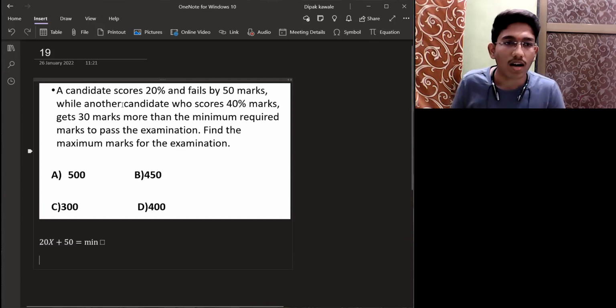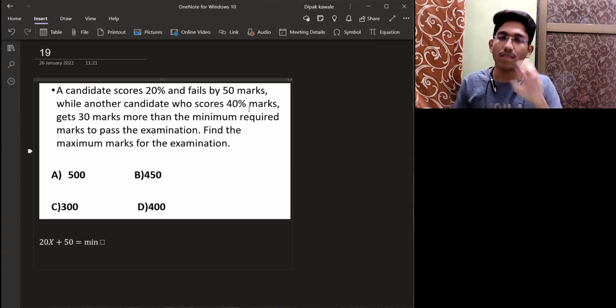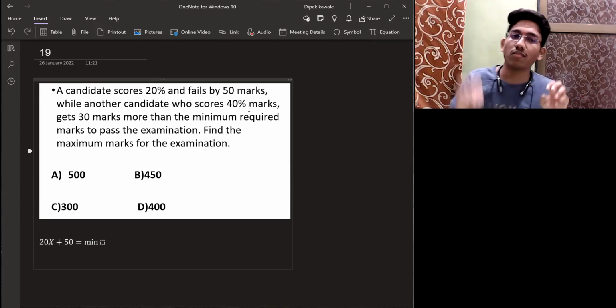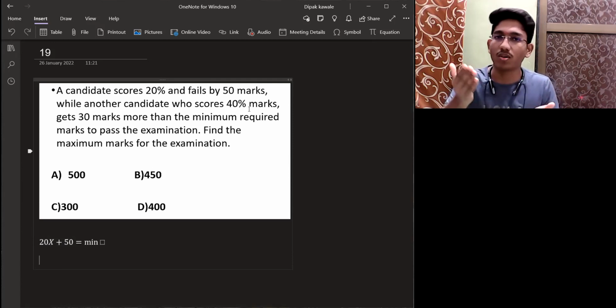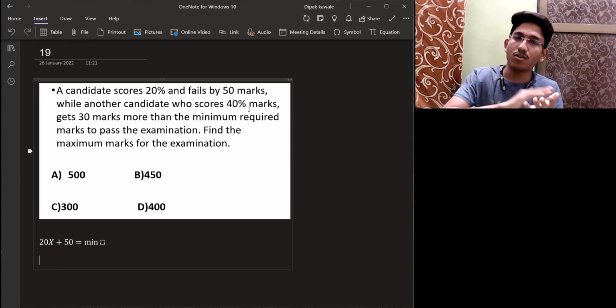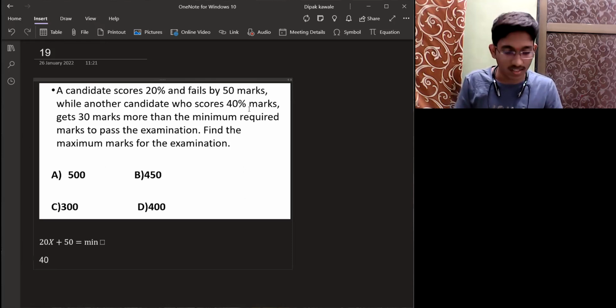Similarly, another candidate who scores 40% and gets 30 marks more than the minimum required. That means to achieve the minimum criteria, I have to subtract 30, if I am having 30 more. So I have to subtract it by 30 to get the minimum value. So 40x minus 30 is equal to my minimum.